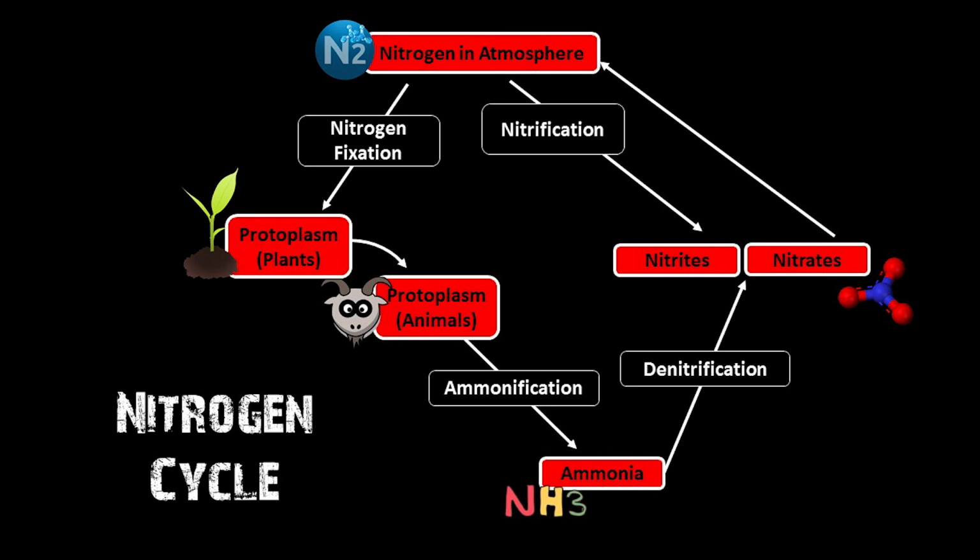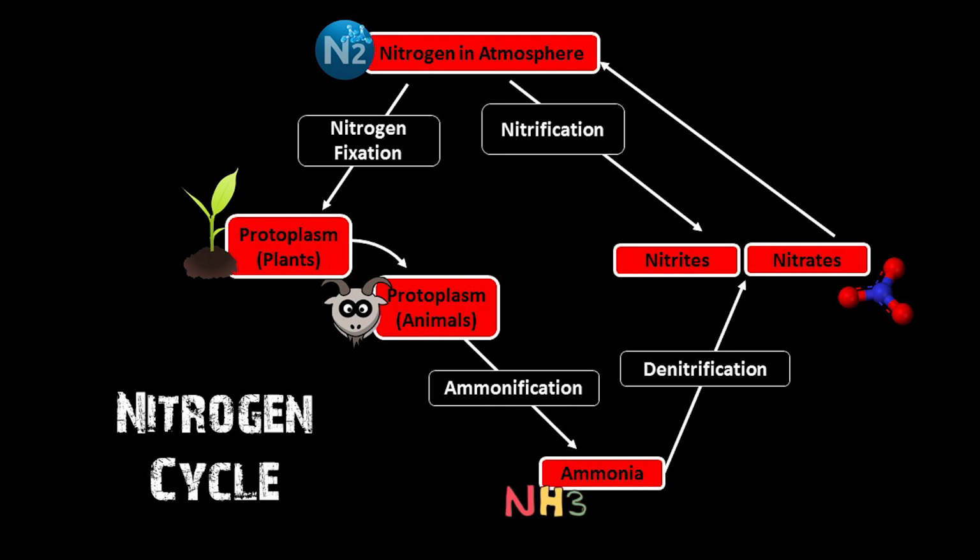Once this animal dies, there is ammonification. That is ammonia, which doesn't smell good. If you remember, any time an organism dies, it stinks, right? So ammonification happens and ammonia is released.